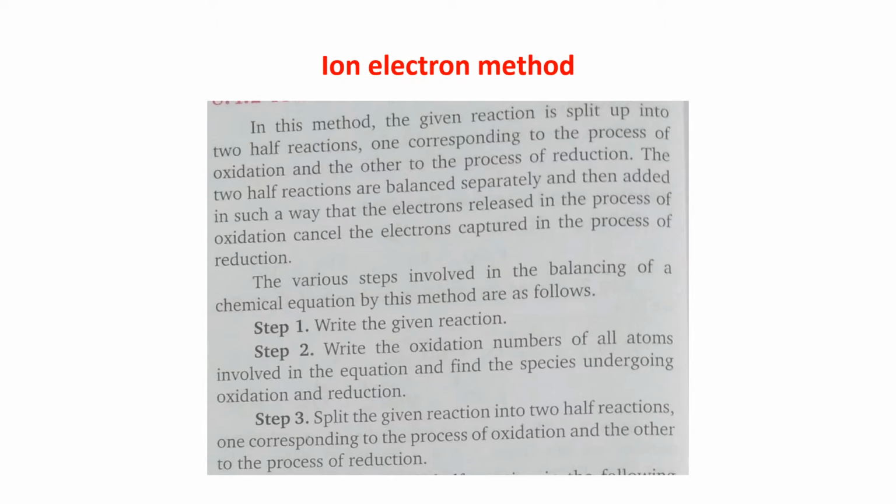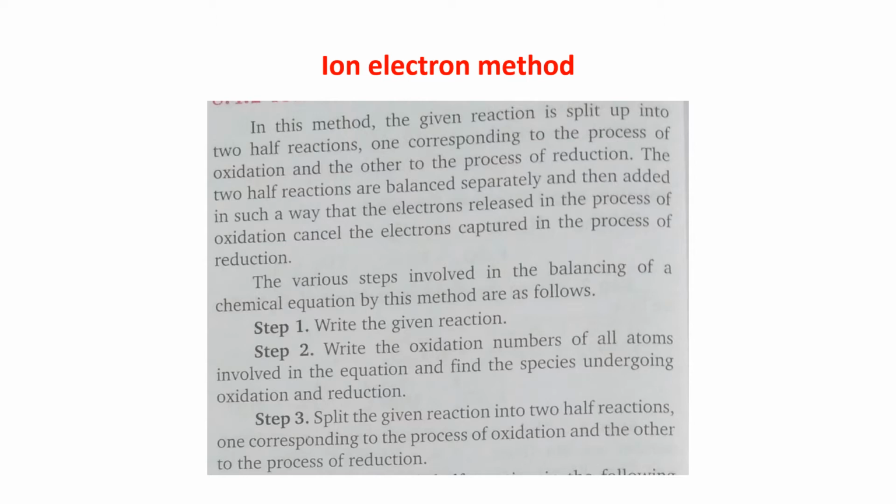The two half reactions are balanced separately and then added in such a way that the electrons released in the process of oxidation cancel the electrons captured in the process of reduction. Let us see what the steps are.